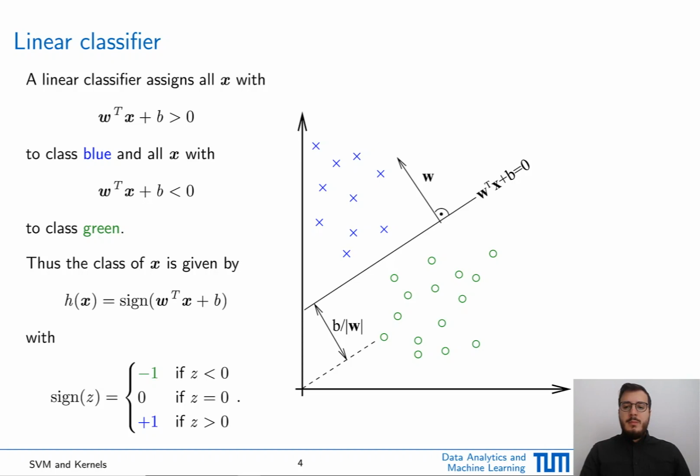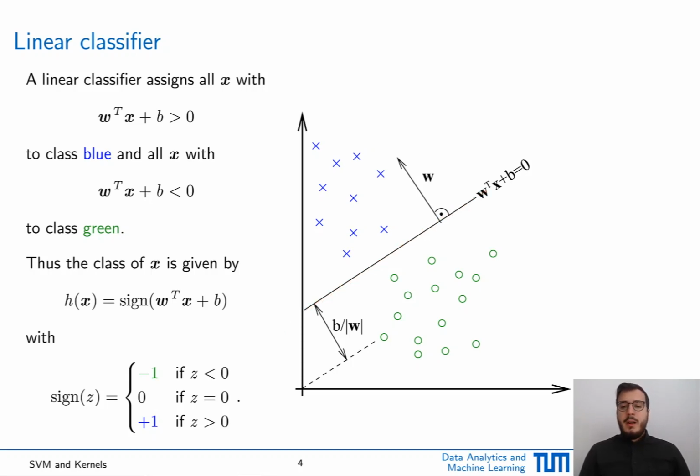So, the question is, how do we specify this hyperplane, which in 2D, by the way, is just a line, right? How do we parameterize it? Well, one way to do this is in so-called Hessian normal form, where we specify two things. We specify the vector W, which is normal, which is perpendicular to the hyperplane, and a bias term b. And then all of the input points for which it holds W transposed x plus b equals 0 lie exactly on this hyperplane.